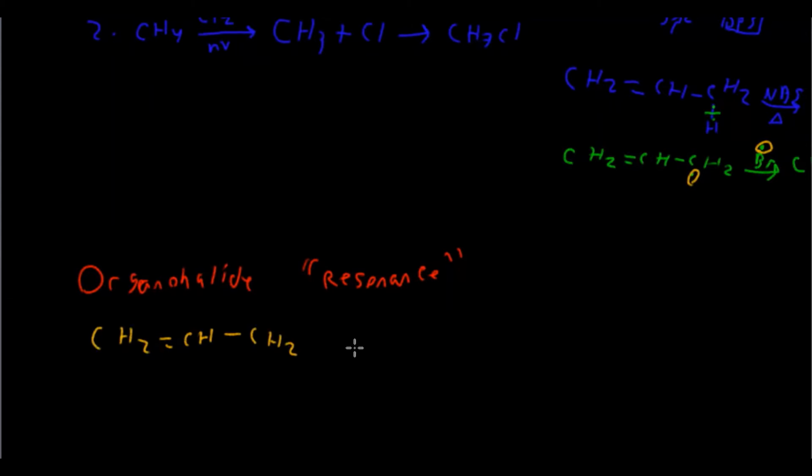And I'll show you where the free radical is. Let's just say it's right here. So this is the exact same molecule as CH2, CH, and then double bonded to CH2 here, and we'll put the free radical right here. So the only thing I did is move the double bond and the free radical.